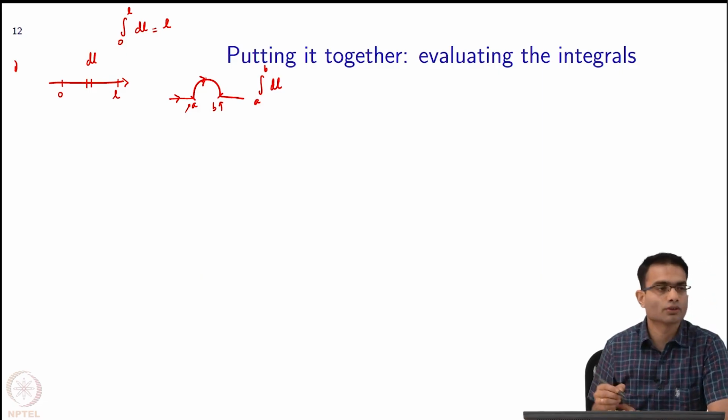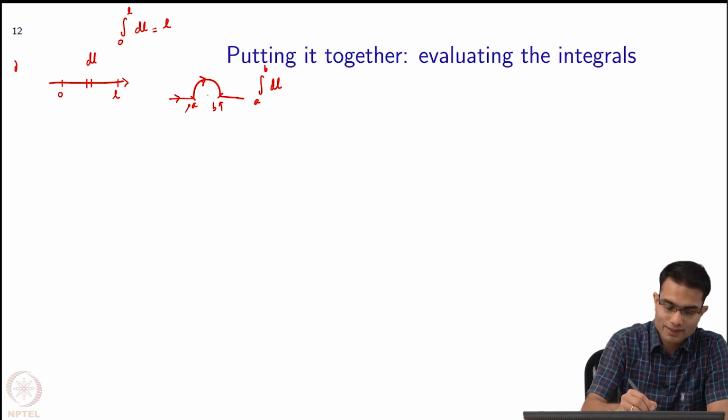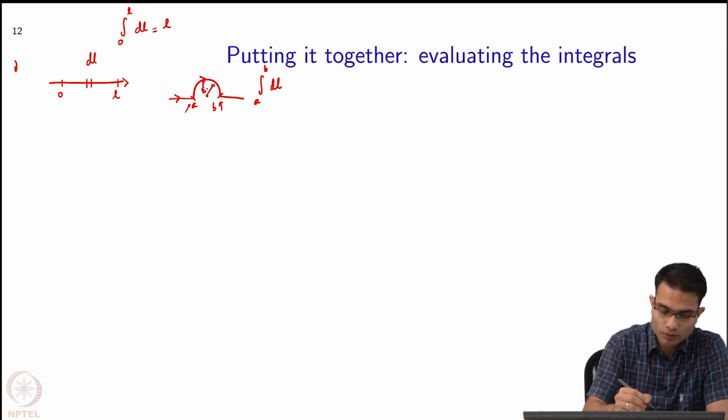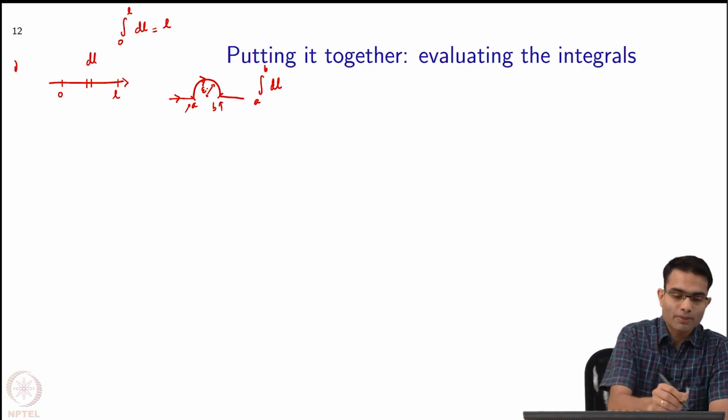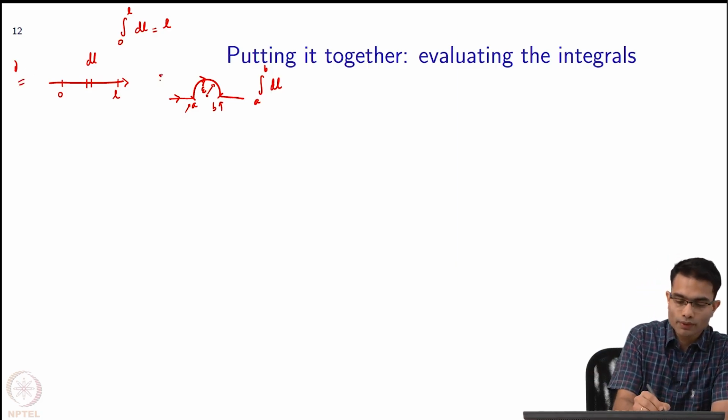The integral is along this contour. So, if this is a semicircle of radius epsilon, coming from case 1 over here, what will you say this answer is?